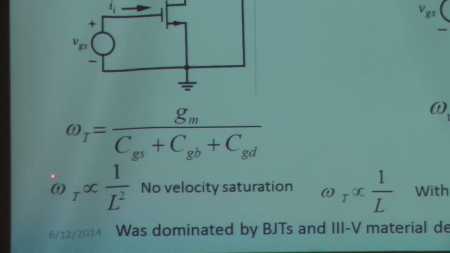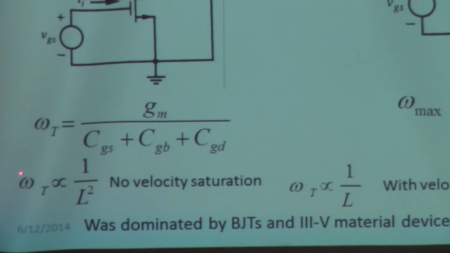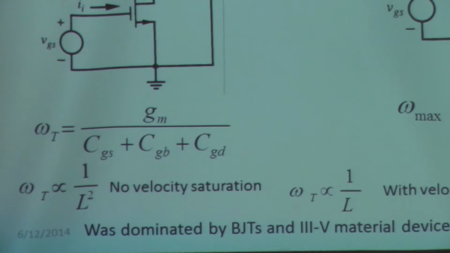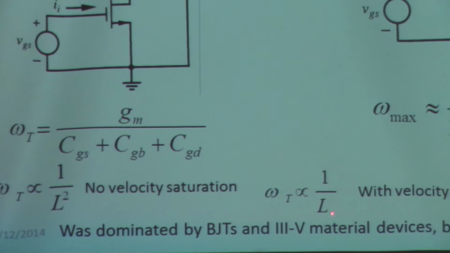And if you don't consider the complicated physics Dr. Harrow told you, then normally that's the gate length. If your gate length shrinks by a factor of 2, your cutoff frequency will go up by a factor of 4. But if you consider some of the complicated issues, it may go up by only a factor of 2.